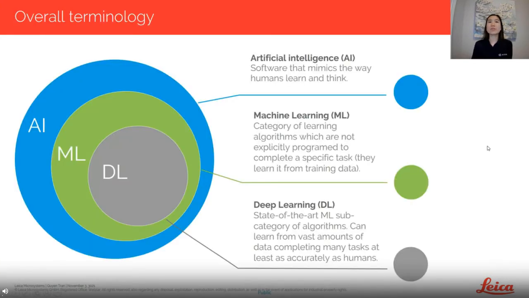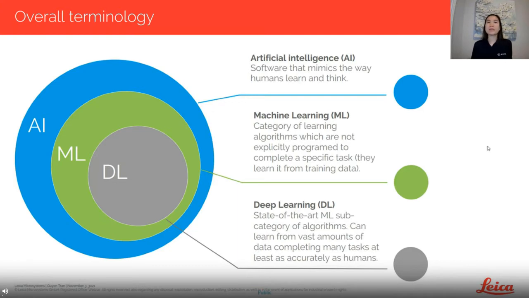So some overall terminology to lay the foundation for us here. Artificial intelligence, or AI as you probably have heard it, is software that mimics the way we humans think and learn. Machine learning is a subcategory of this that specifies algorithms that haven't been explicitly programmed to complete a particular task. They, however, learn to do this task from training data.